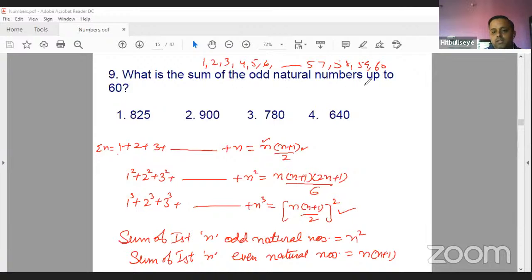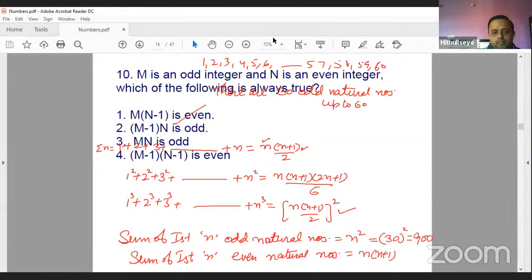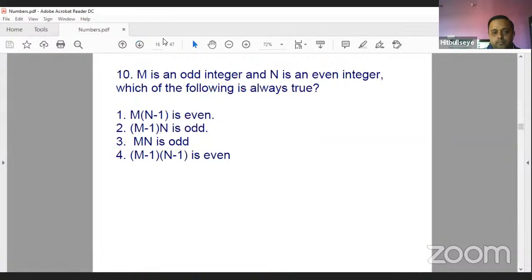So there are 30 odd numbers up to 60, and their sum is given by n square. The answer is simply square of 30, that means 900. Now try this one, please.